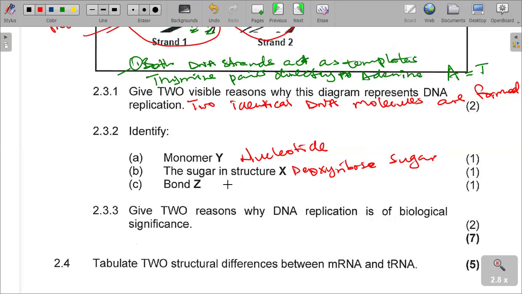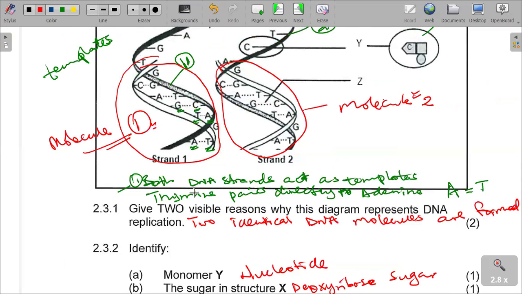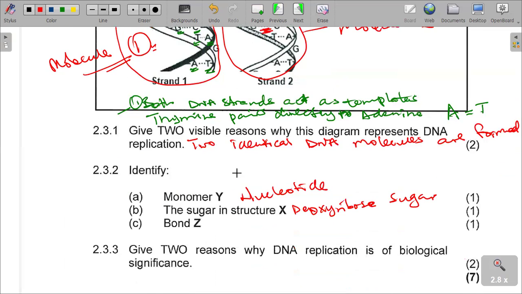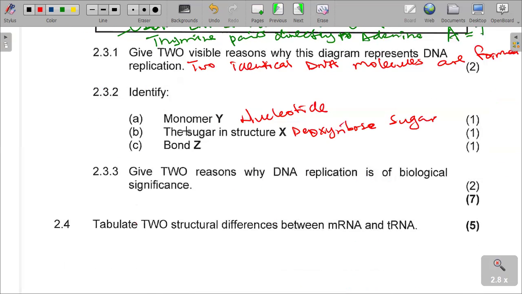on structure X. And then bond Z, we can quickly see the nitrogen bases are attached together by a weak bond. What is the name of this bond? Actually, I'm quite sure that from our previous lecture and lesson, this is known as what?